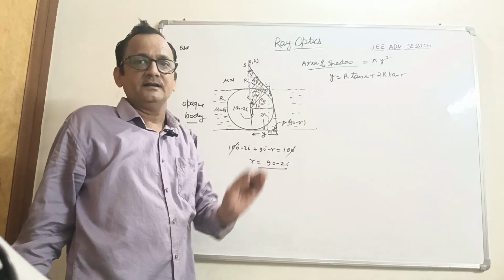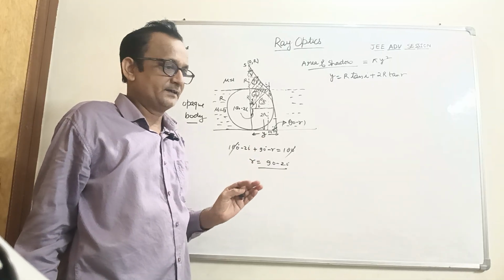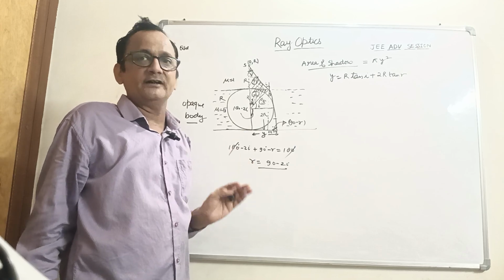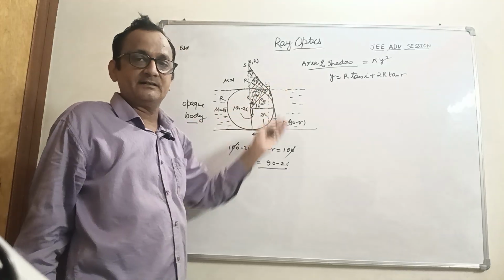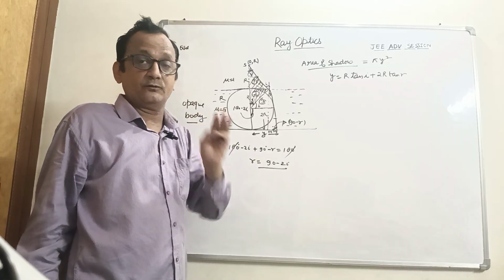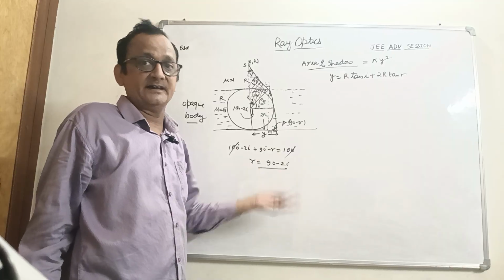Understood here. In optics, the knowledge of geometry is very essential. Laws are simple, but geometry is applied here. So students should have the knowledge of geometry and how we apply geometry in the problems.